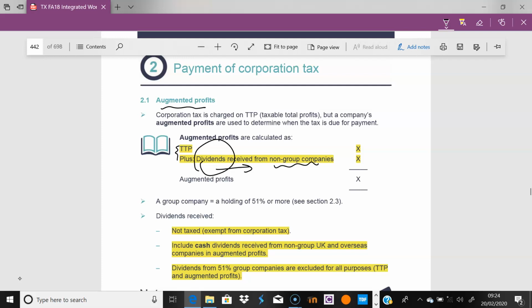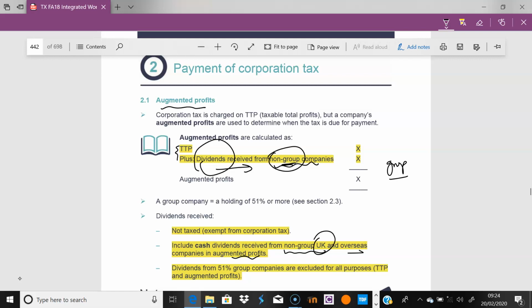So this question of being a member of a group, it says here non-group. We include dividends from non-group companies. That's certain. But of course, again, non-group. This is important, the definition of non-group.